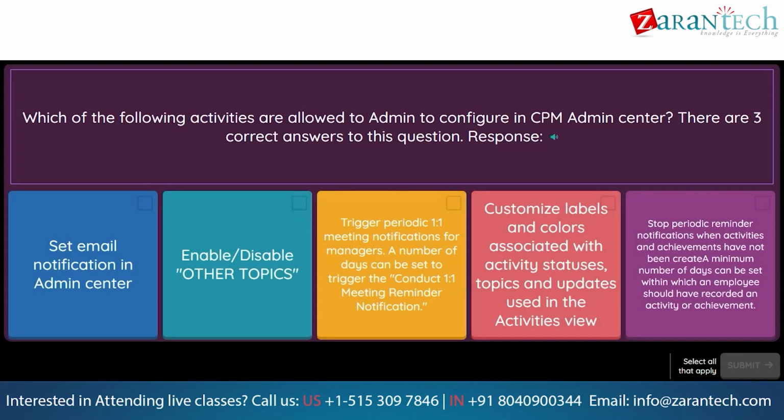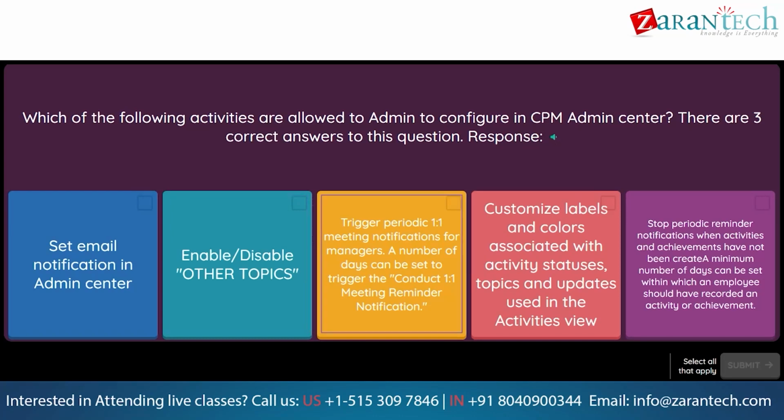Question: which of the following activities are allowed to admin to configure in CPM Admin Center? There are 3 correct answers to this question. Response: Option 1 set email notification in Admin Center. Option 2 enable/disable other topics. Option 3 trigger periodic 1:1 meeting notifications for managers.